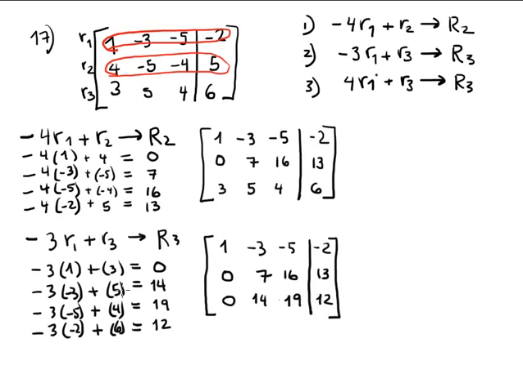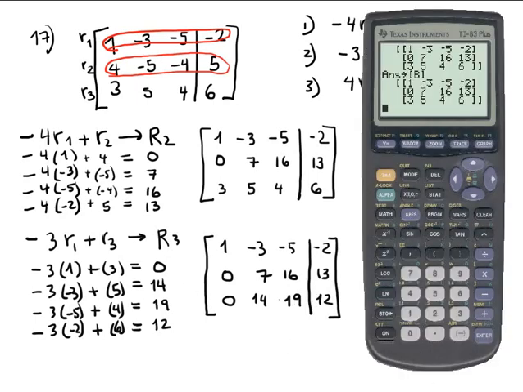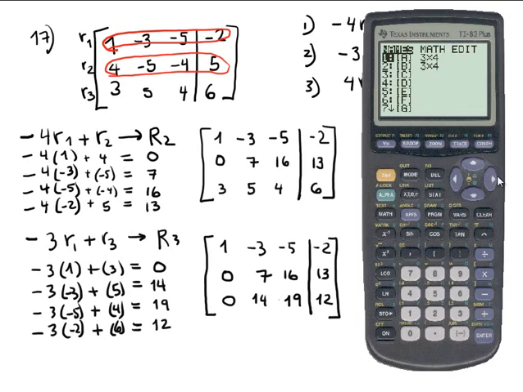Okay, let's do this row operation using the calculator. You go to second matrix, go to the math menu, option F, which is *row+. The factor in this case is -3, comma.